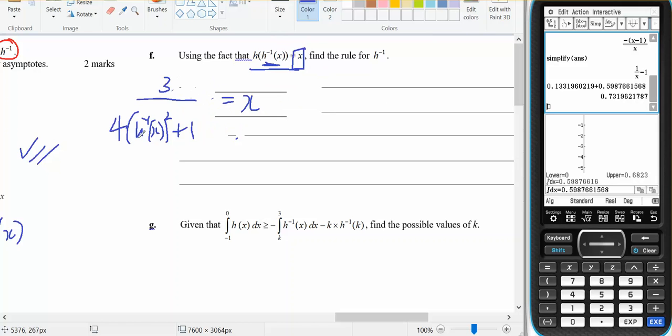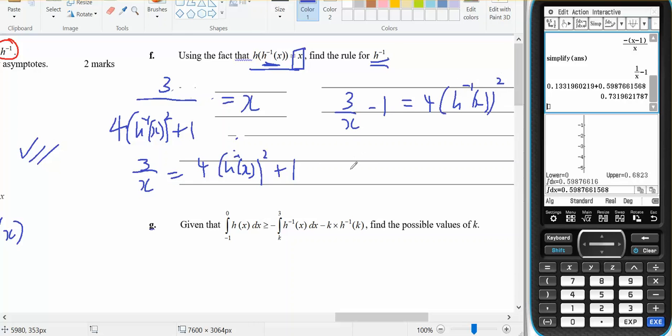So instead of 4x squared, I've got 4 times the inverse of h of x, squared, plus 1, equals x. So I've got to rearrange that by itself. So 3 over x equals 4 times h inverse squared plus 1, 3 on x minus 1 equals 4 lots of h inverse of x squared.